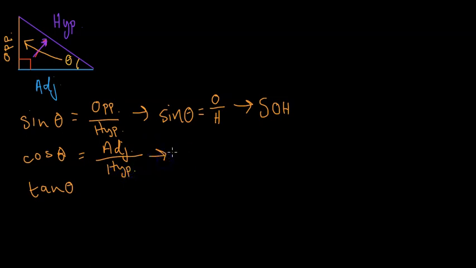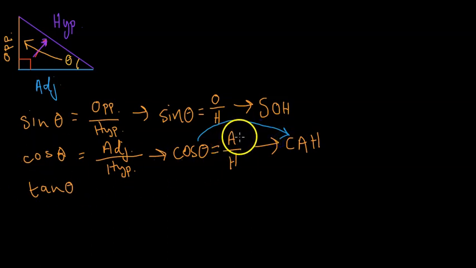This can be simplified into cos theta equals adjacent over hypotenuse. And that means that you can write it as CAH. C-A-H. Again, what that means is that cosine, the C there, is equal to the adjacent divided by the hypotenuse.